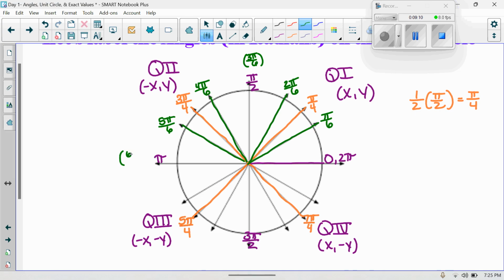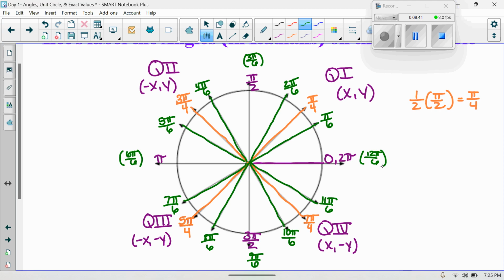And then over here would be 6 pi over 6, which reduces to pi. Then comes 7 pi over 6. 8 pi over 6. 9 pi over 6 is down here, reduces to 3 pi over 2. Then I have 10 pi over 6, 11 pi over 6, and then of course over here, 12 pi over 6 is going to reduce to 2 pi. So once again, I'm going to erase my quadrantals because those are reduced.